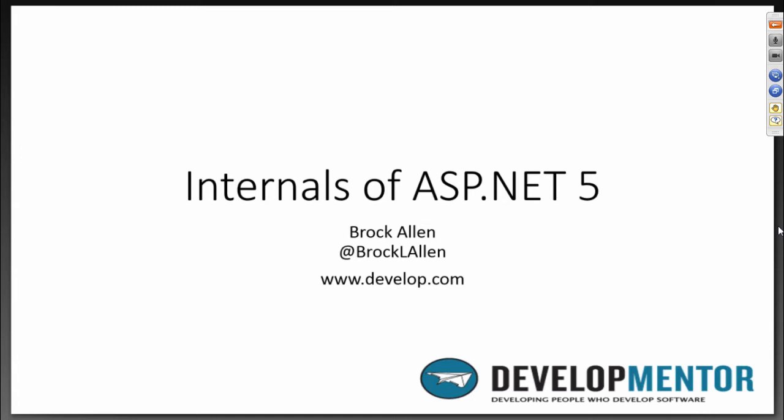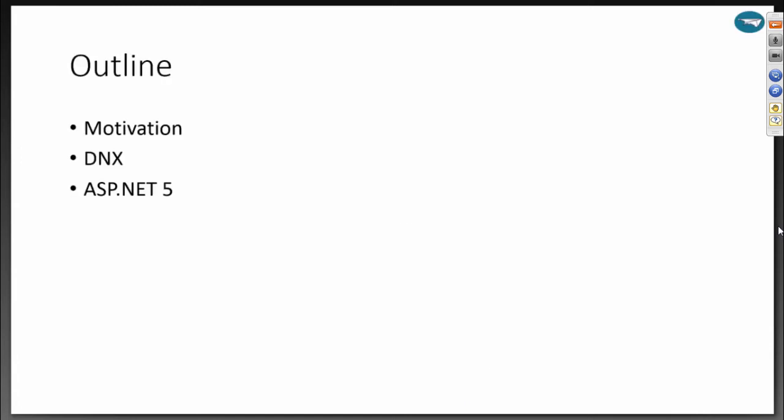Like I said, this session is really one of two. This first one today, we're going to focus on the whole big picture of what this new ASP.NET 5 thing is all about. That involves looking at something called DNX, which is the .NET execution environment. We have a new mechanism for loading web application code, and we're going to look at that.